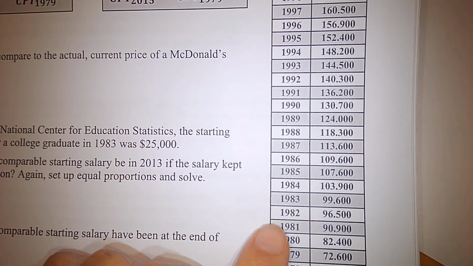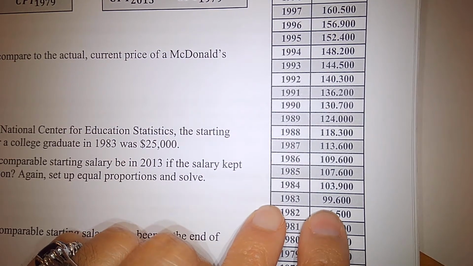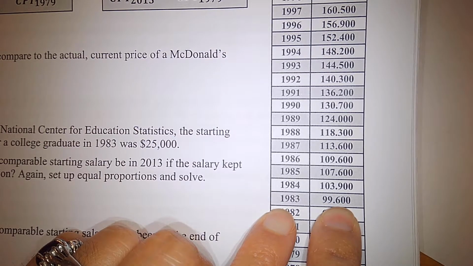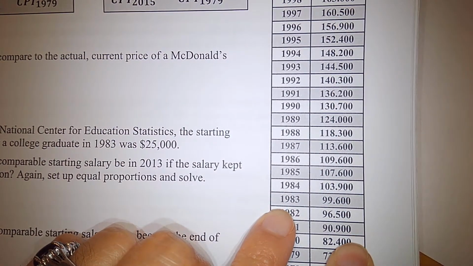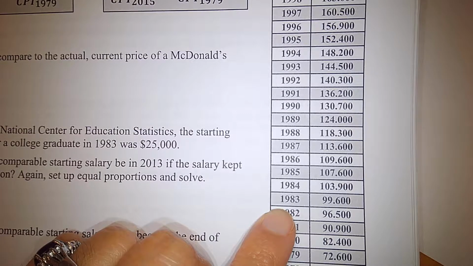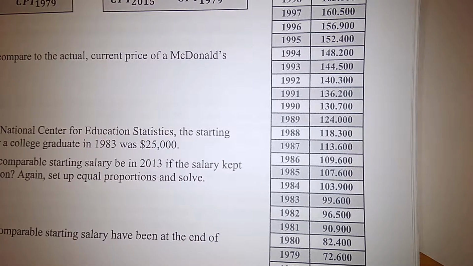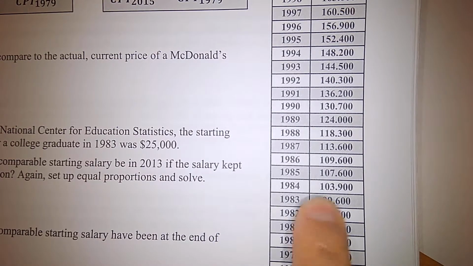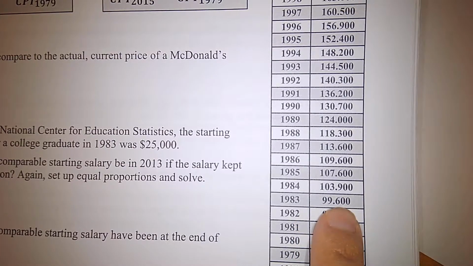In 1983. Okay, in 1983, this 99.6 means $99.6. So this table is telling us for the same basket of goods and services, back in 1983, if that basket would cost about $100, it would cost $99.6.